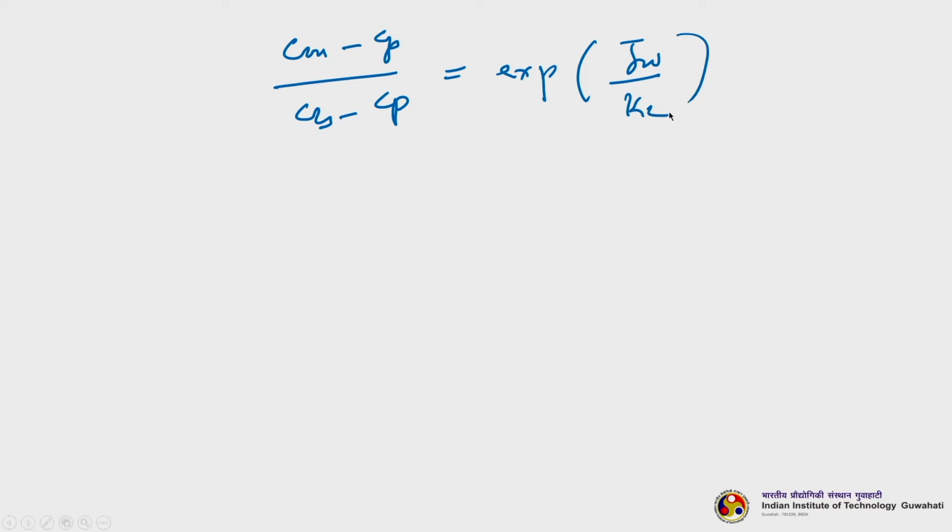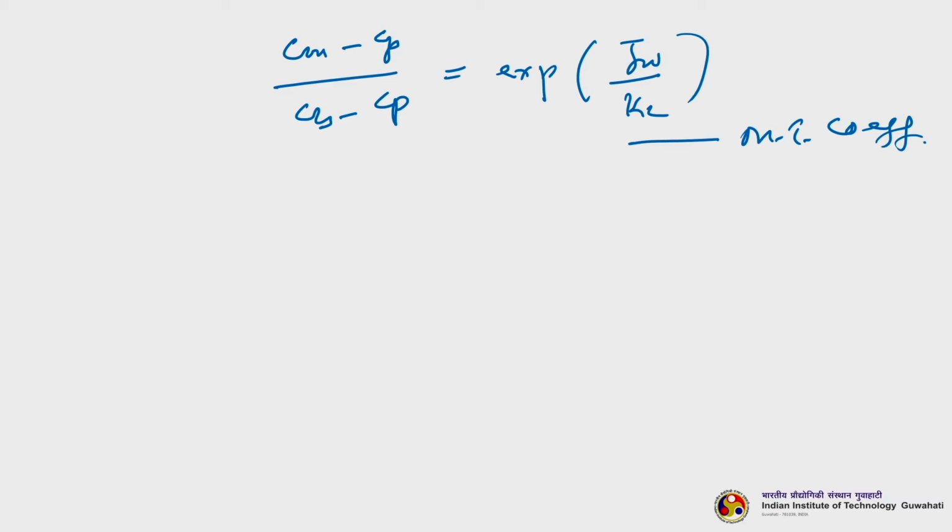Next, we have been asked to calculate the mass transfer coefficient. To calculate the feed side mass transfer coefficient, you can use the equation (Cm minus Cp) divided by (Cb minus Cp) equals exponential to the power of Jw by Kl. Here Kl is your mass transfer coefficient. Now, please substitute all the values.